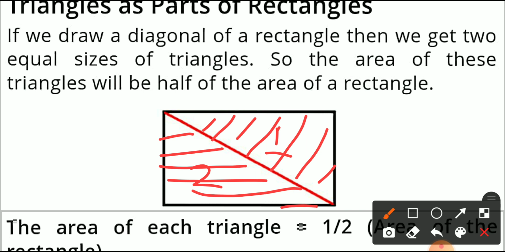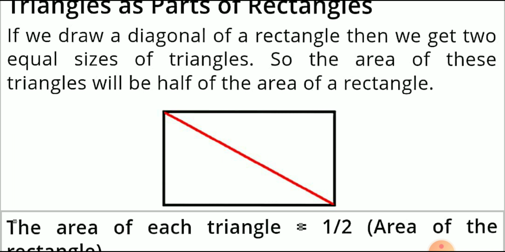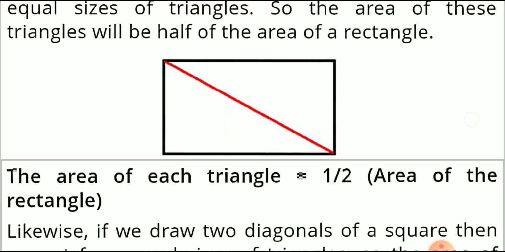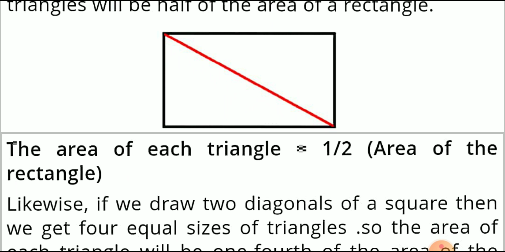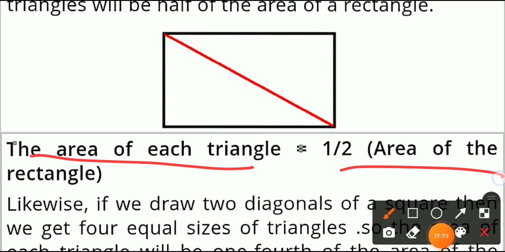And the area of these triangles is also equal. So the area of the first triangle is equal to the area of the second triangle. The area of each triangle equals half the area of the rectangle.